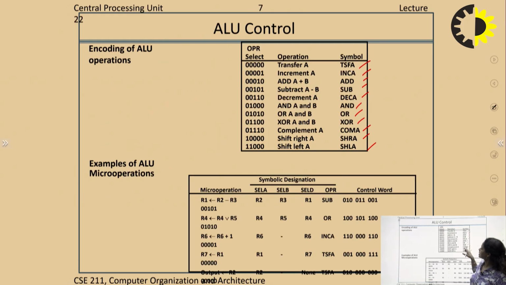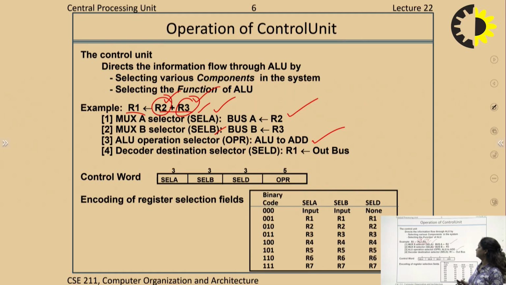What 5-bit code is used for selecting the addition operation? We can see over here, to add 2 operands, the code must be 00010. That is the code inserted into the ALU, and then the ALU starts adding the 2 operands. That is the code for the addition operation. Similarly, we have the remaining 10 codes for performing other ALU operations as shown in this table.